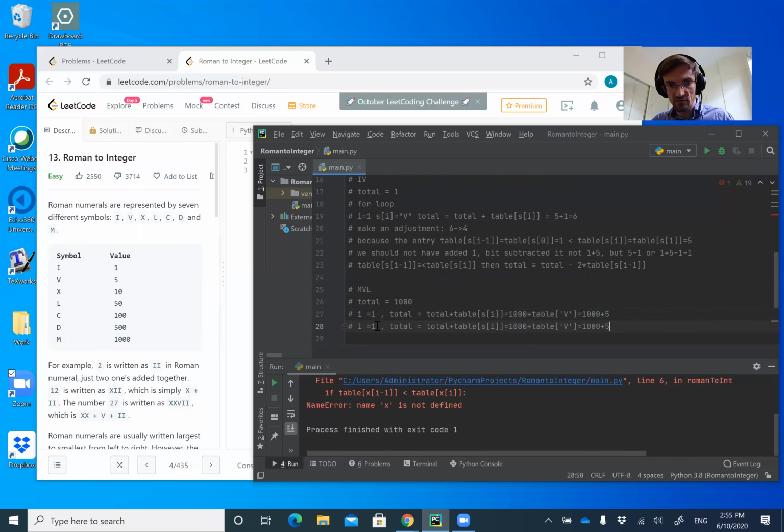Then the next thing for I equals 2, total is, we have L, which is 1005 plus 50, and then there is the adjustment, minus the previous one.